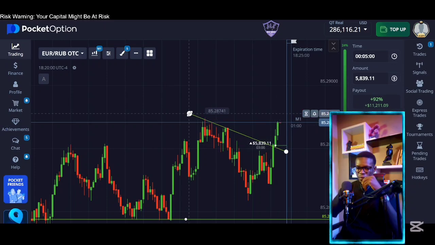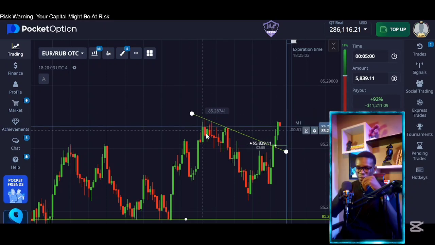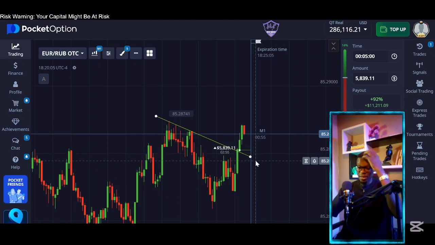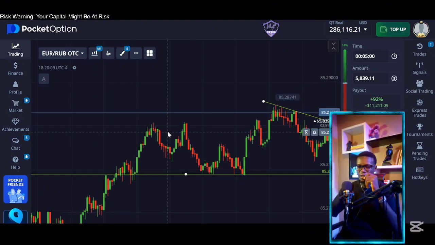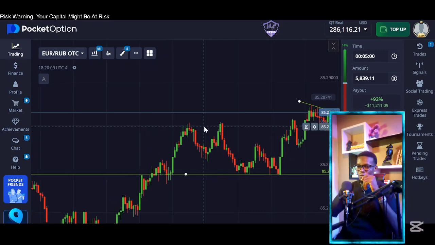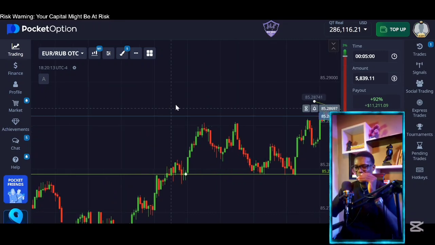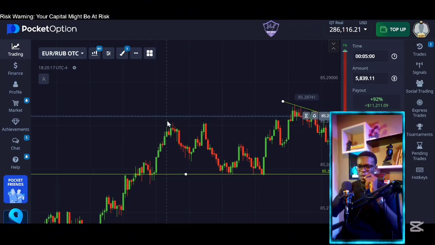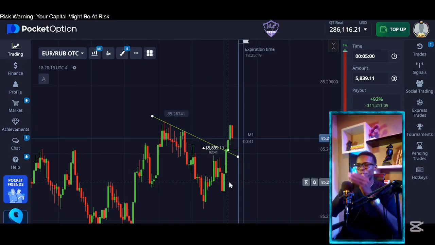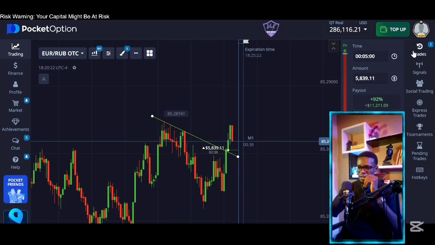Okay, this right here is a beautiful trend line, and of course the first thing I did was try to understand the trend. Now looking at the trend, you can see that this is a very beautiful uptrend, which means that the buyers are extremely strong. We're having a series of higher highs and higher lows consistently forming right here in this very market.